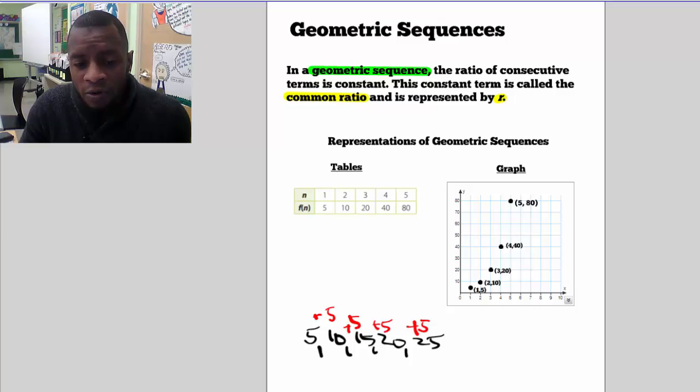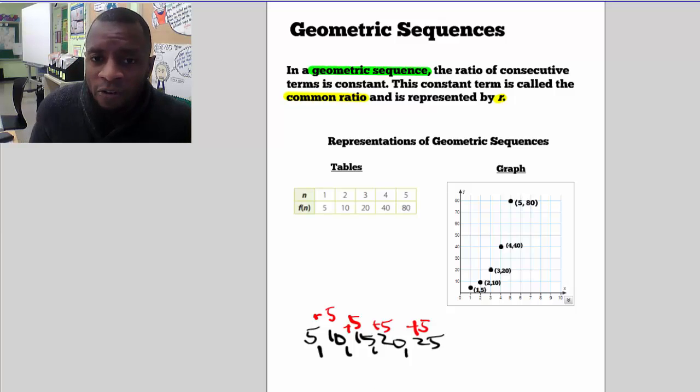Today, we're going to discuss a geometric sequence, where between every set of terms, for example, the list 5, 10, 20, 40, and 80, we can find a common ratio represented by r. If you remember how we find our common ratio, we take the ratio of successive terms.